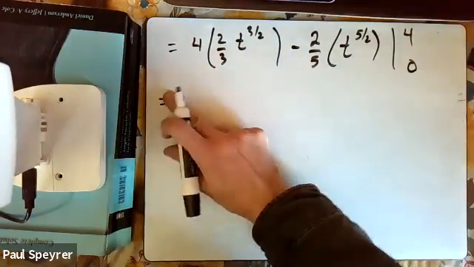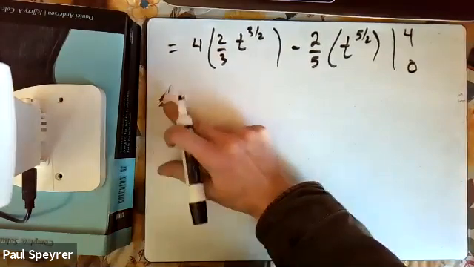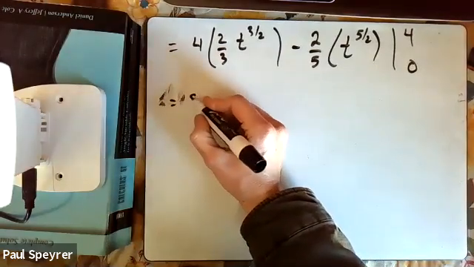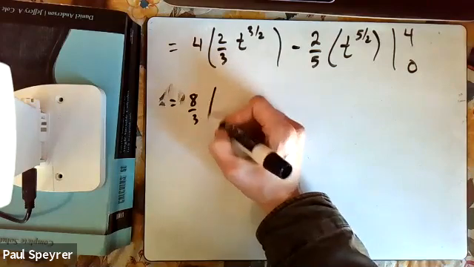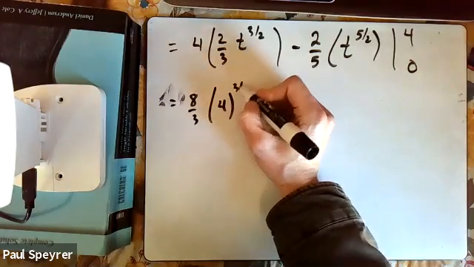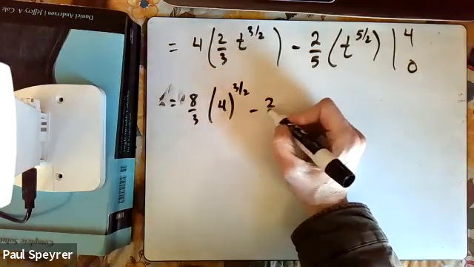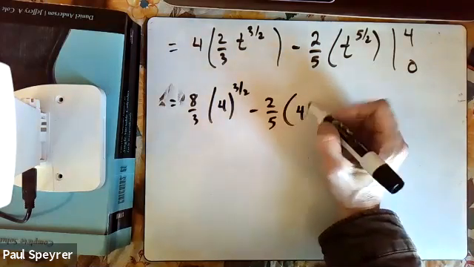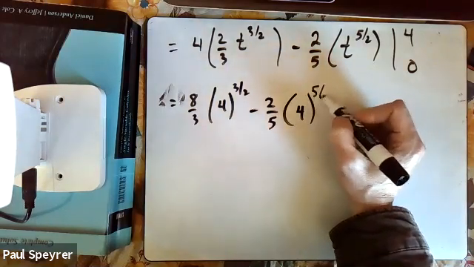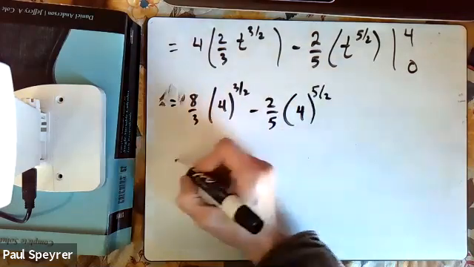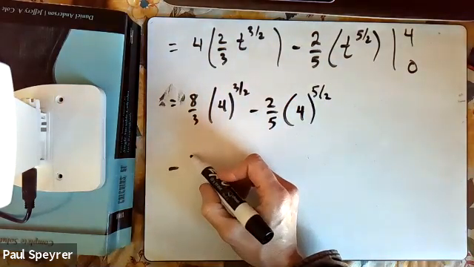So we're going to have, well, actually, not 4, we're going to have 8/3, right? We can multiply that through. We're going to have 8/3 times 4 to the 3/2 minus 2/5 times 4 to the 5/2, and then minus the entire bottom limit, right?